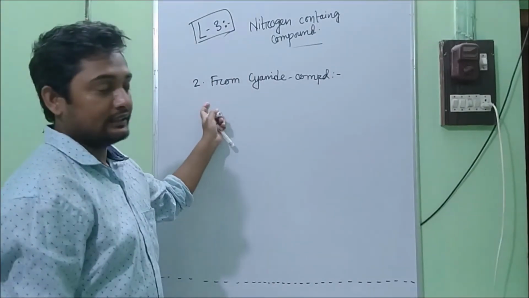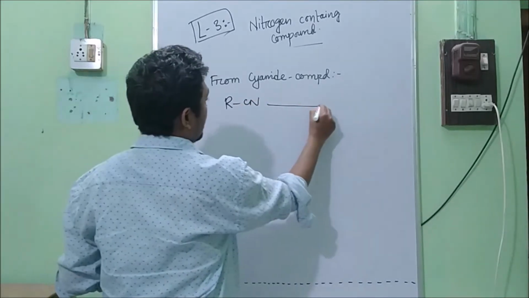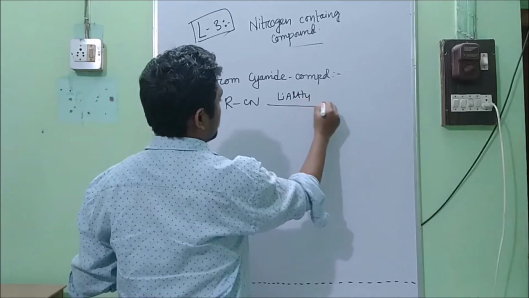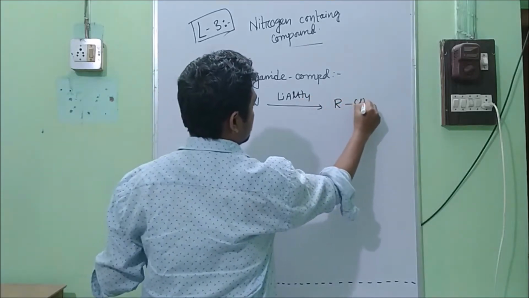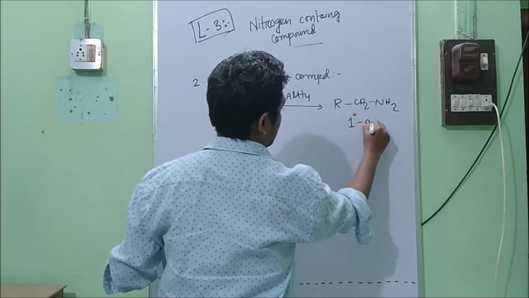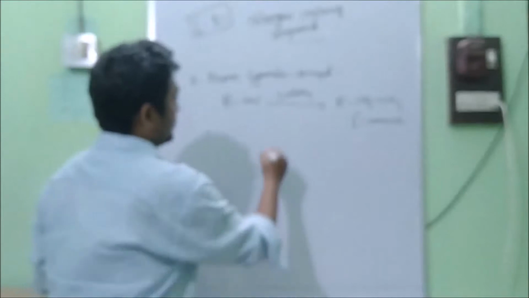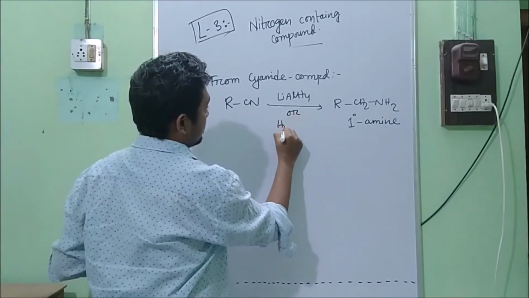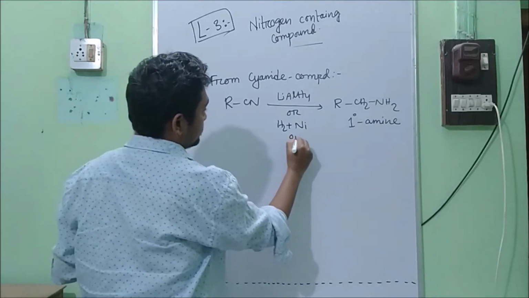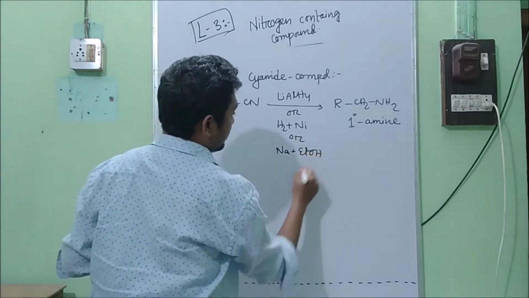Next one from cyanide. Cyanide compound on reduction with lithium aluminum hydride will convert into 1 degree amine. Or you can also use hydrogen plus nickel, or you can also use sodium plus ethanol.